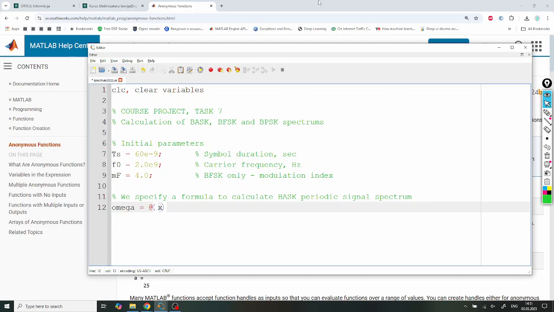It doesn't necessarily have to be any one of these. And then you write whatever actions you want to make with this parameter. So in our case, we want to multiply it with 2 and with pi. So doing so, I have created a new function which is called omega, for which I can now run anything I want. So for example, now I'm going to say omega of f0. So this is going to calculate 2 pi f0 and print it to console.